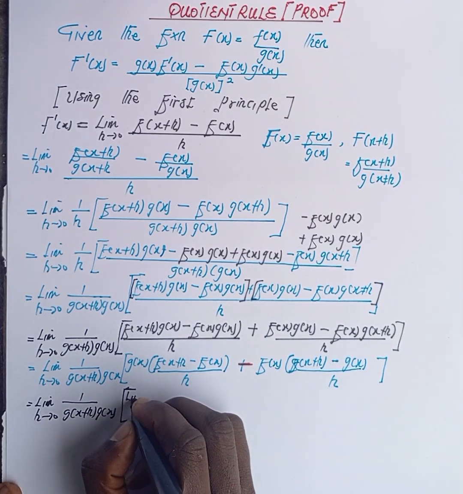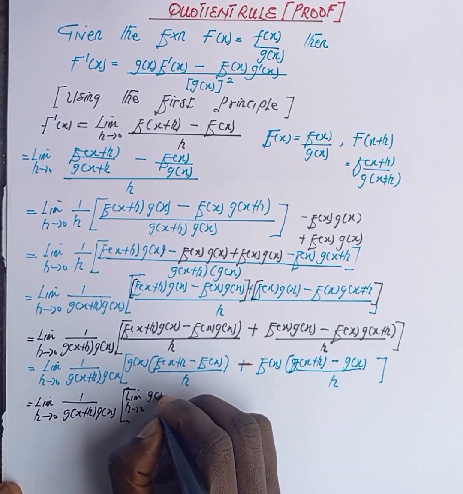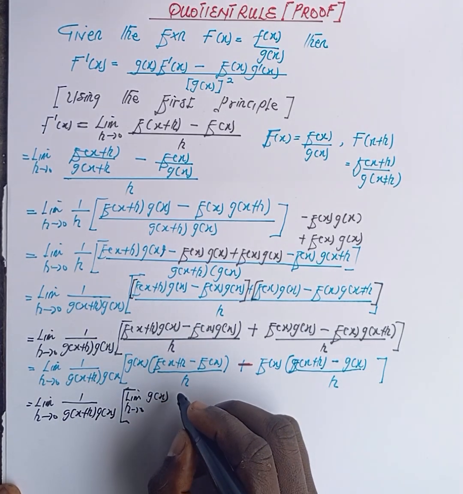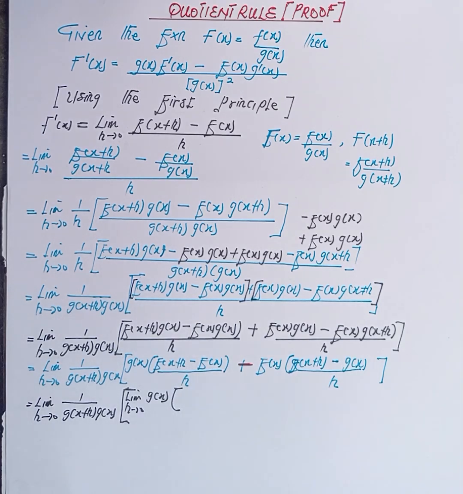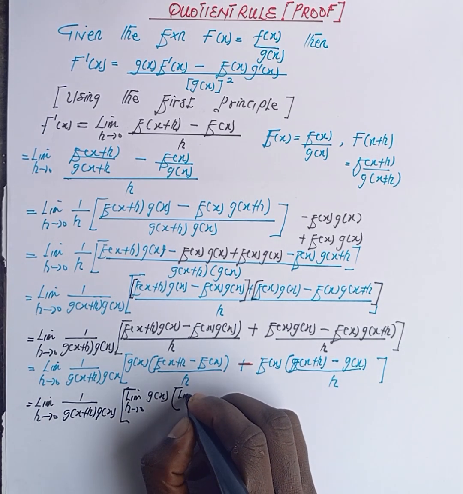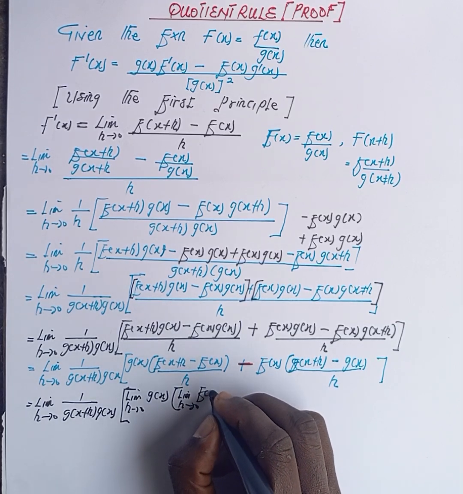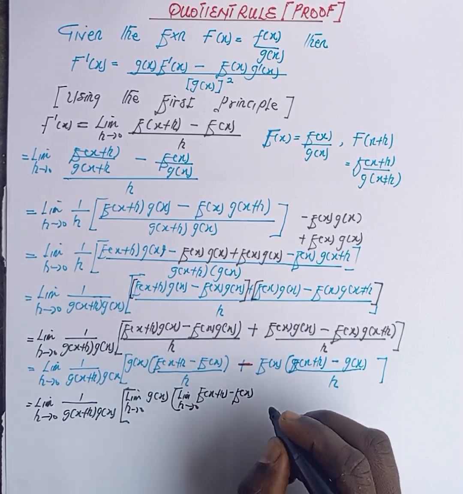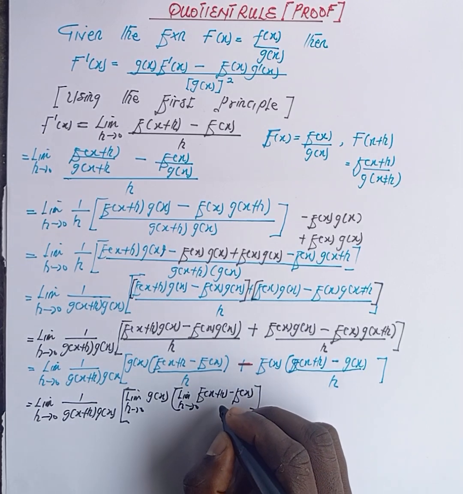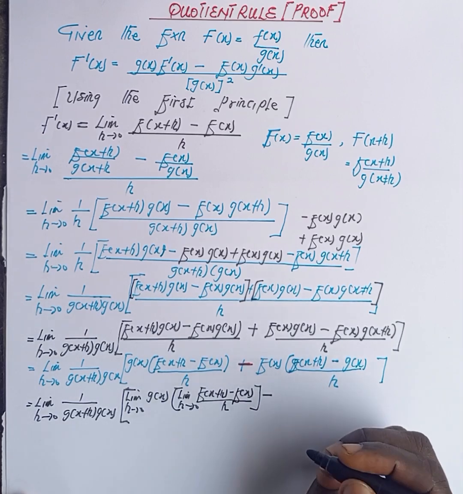So we take the limit as h approaches 0 of g at x, and then after that we take the limit of this very part too. So we have the limit as h approaches 0 of f at x plus h minus f at x all over h. They move to this very part.